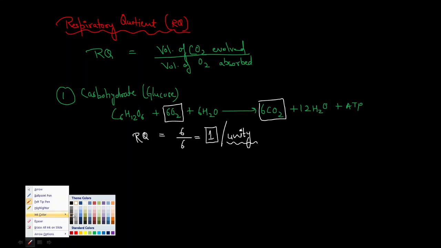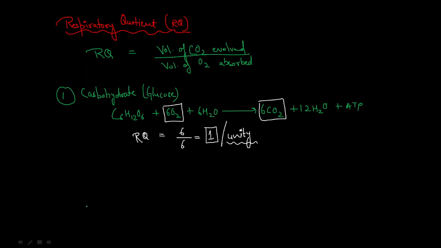Now if I take another example like fat, you just need to remember the value. They can ask for different substrates, so you just need to remember the value for all these substrates. In the case of fat, or oil, lipid, basically, the RQ is going to be 0.7.